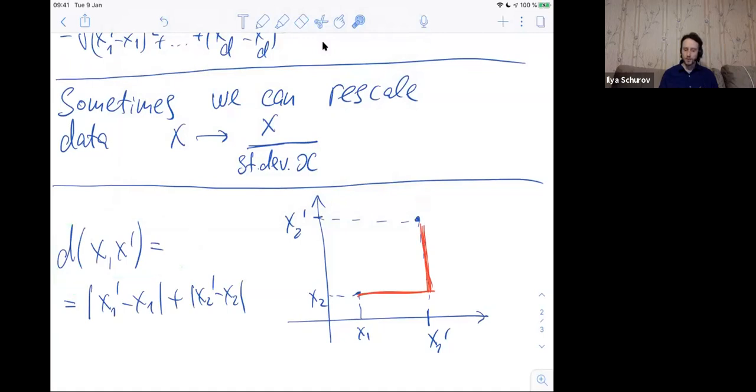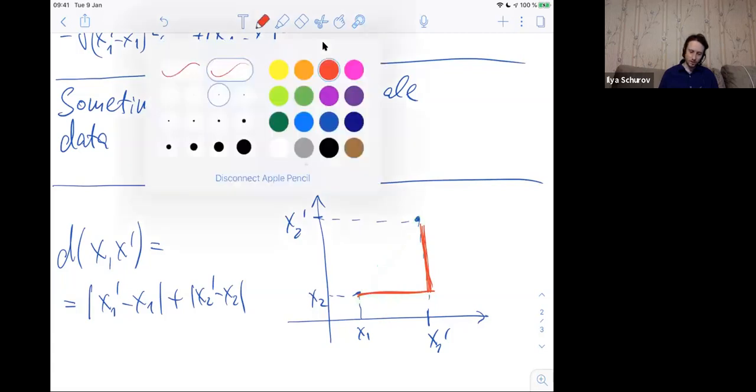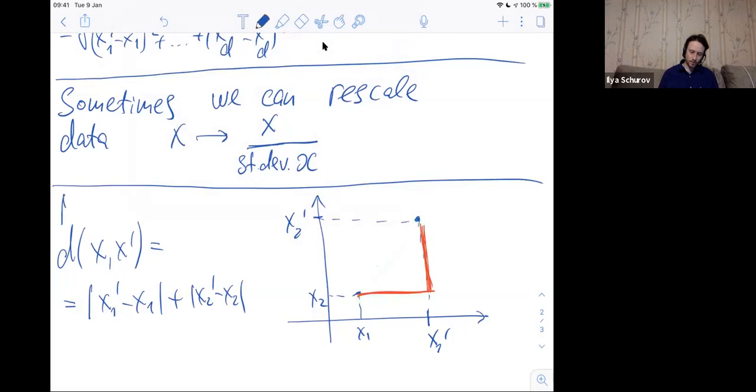It is a little bit unusual to measure distance in this way, but mathematically it is one of the possible ways to correctly define distance between points. For this distance, the Pythagorean theorem doesn't work because in this case, the distance is just a sum of this and this thing. This distance is sometimes called Manhattan distance.